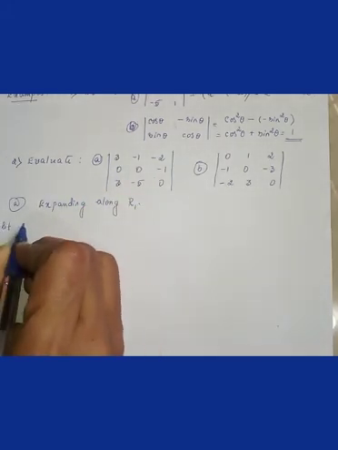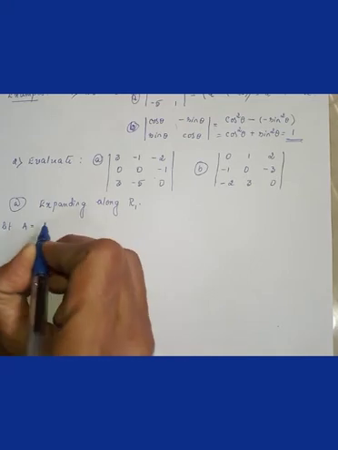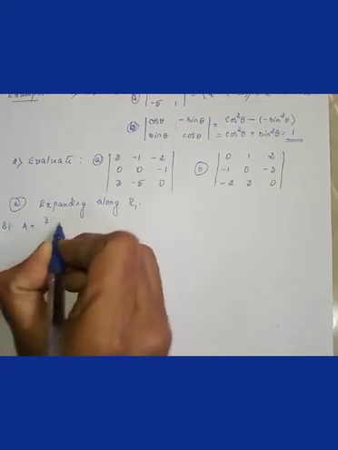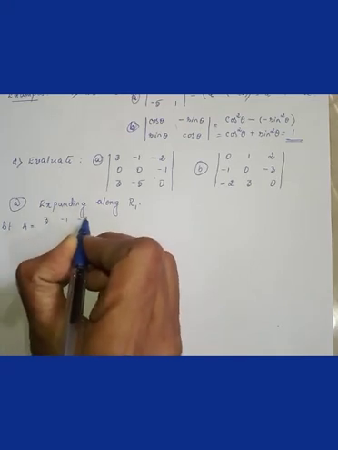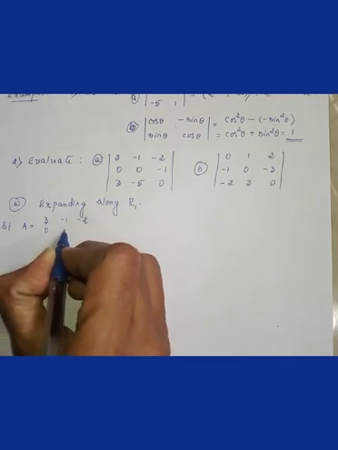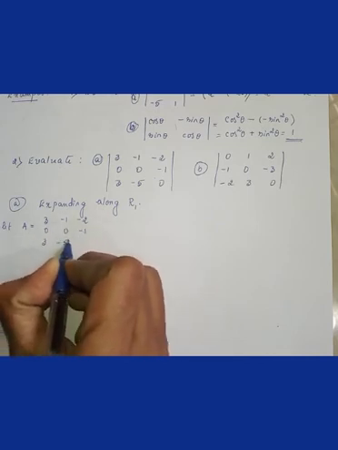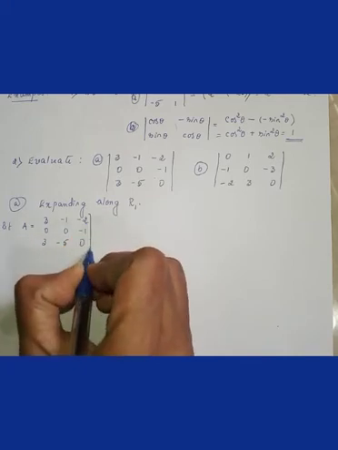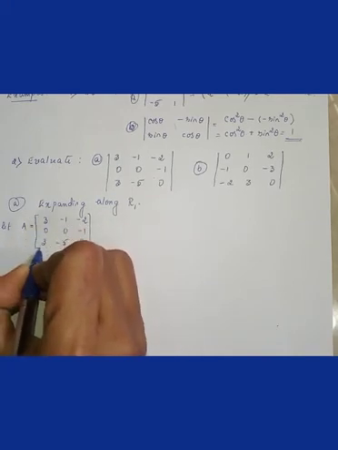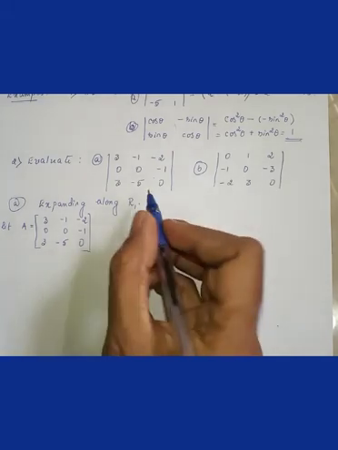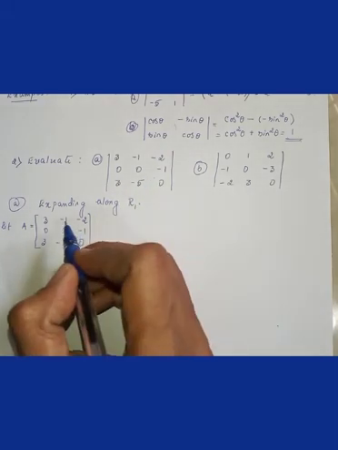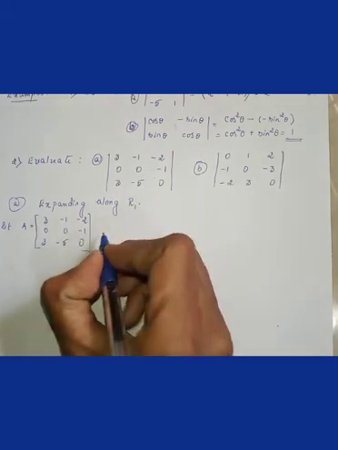So let matrix A be 3, minus 1, minus 2, 0, 0, minus 1, 3, minus 5, 0. Actually, this is a matrix. If you want, you can directly expand this one. Simply, I'll take it as the matrix here.